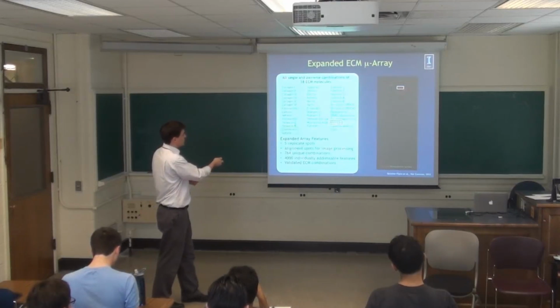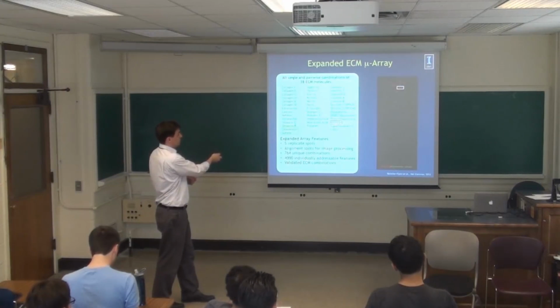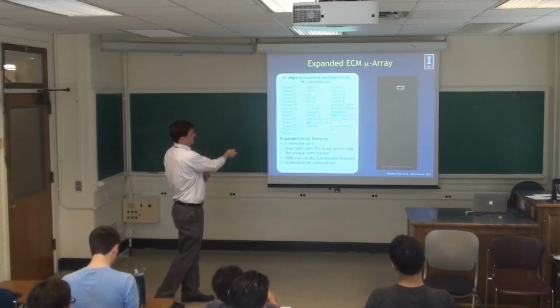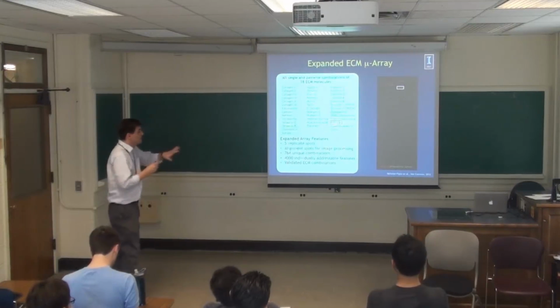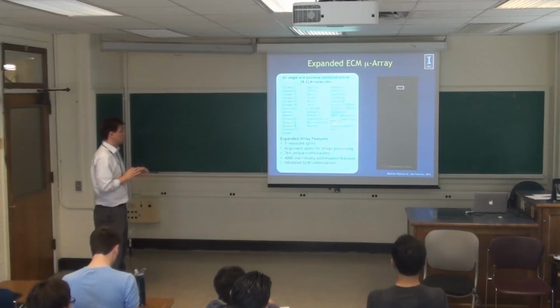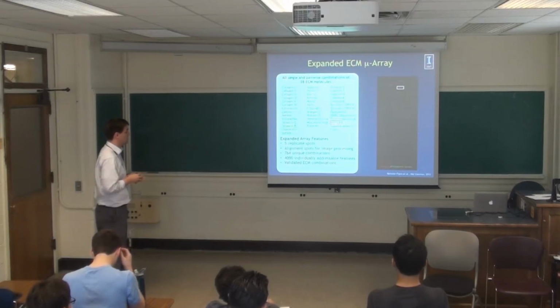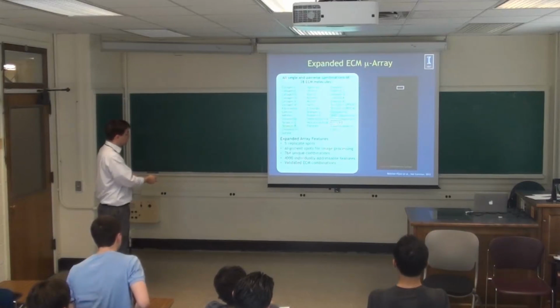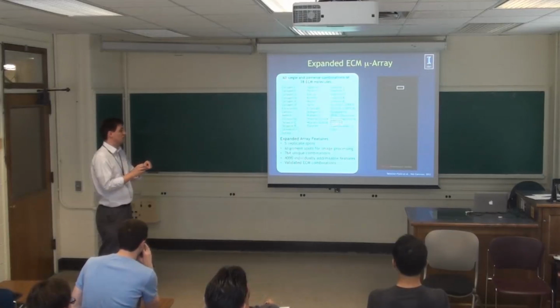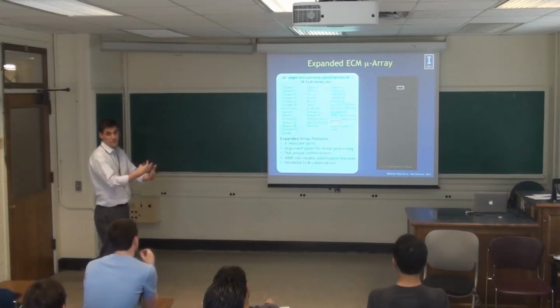And then there's one combination on the array which is labeled with both, overlaid yellow here. So these are all these unique combinations of ECM that we can do on this single microscope slide array. Including controls, we have 4,000 individual spots that the cells can stick to.